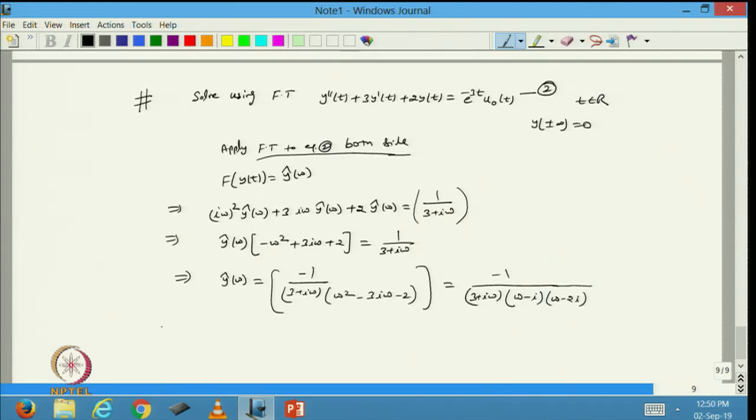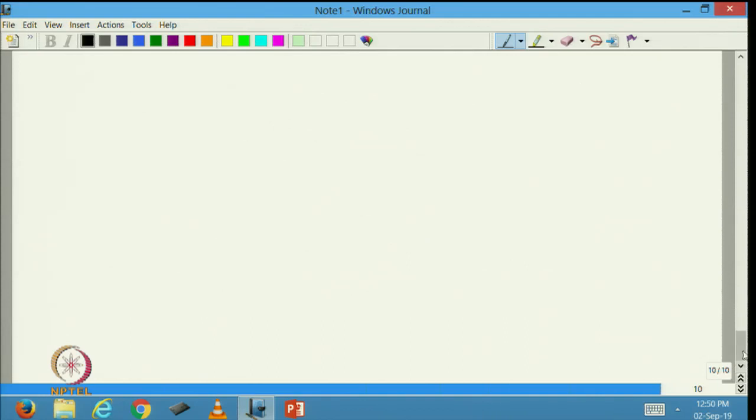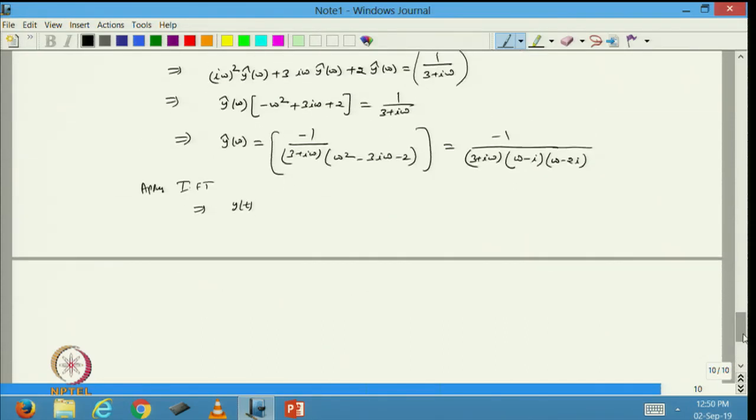Now, I have to apply inverse Fourier transformation, and from there my solution y t can be written as the inverse Fourier transform of minus 1 over 3 plus i omega, omega minus i omega minus 2i.